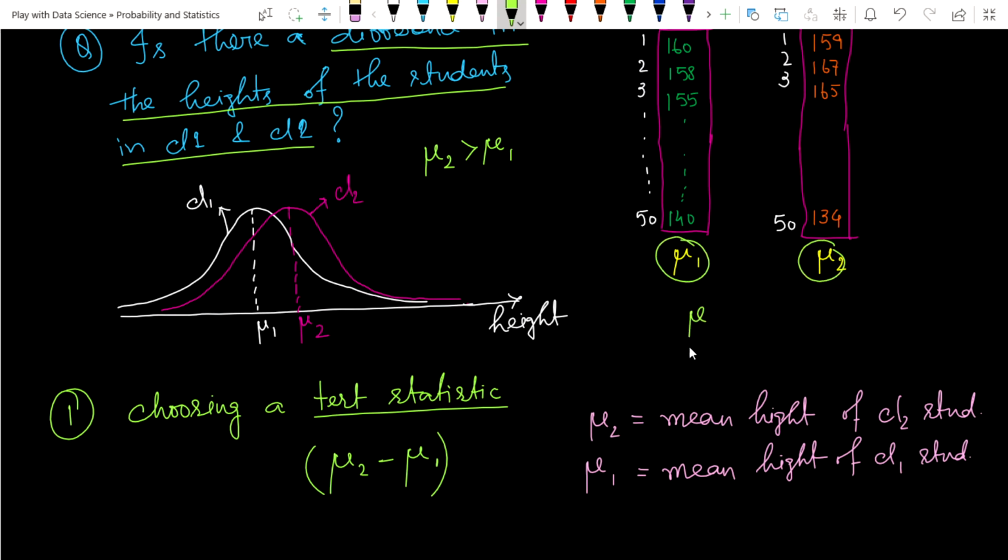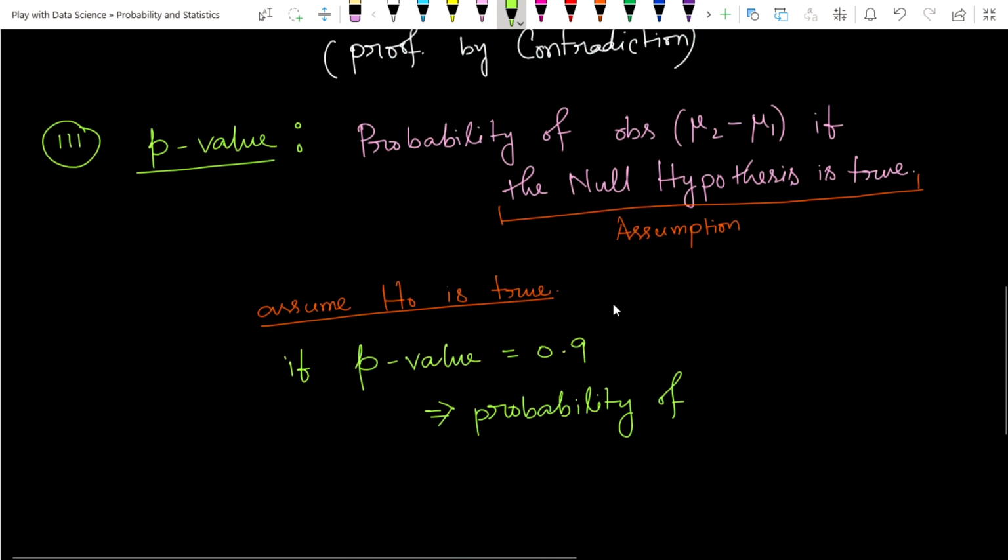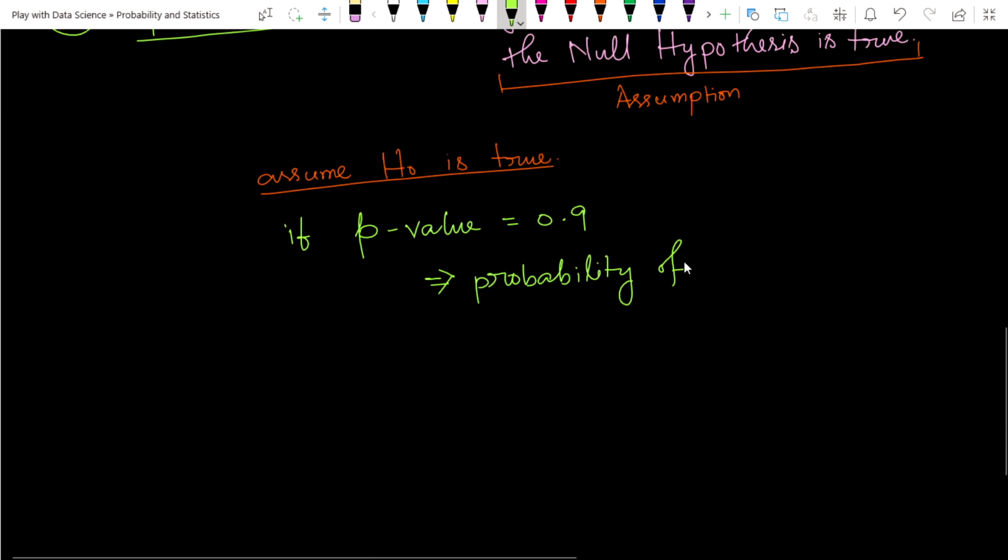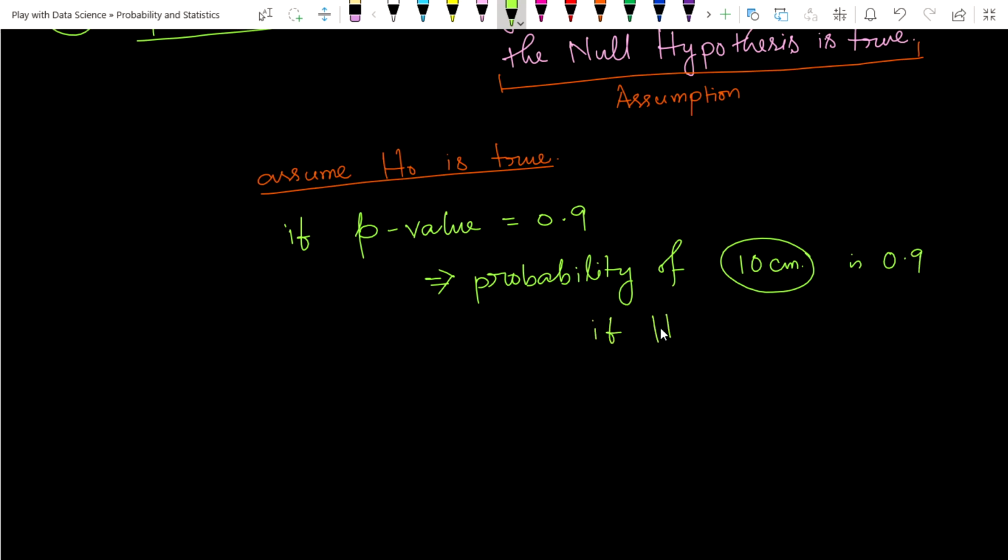Suppose the difference between them is 10 centimeters. So this means the probability of the test statistic, a difference of 10 centimeters, is 0.9 if our null hypothesis is true, meaning if there are no differences.